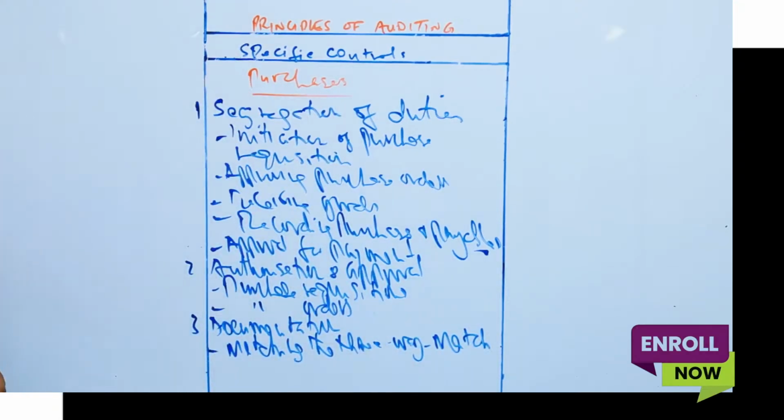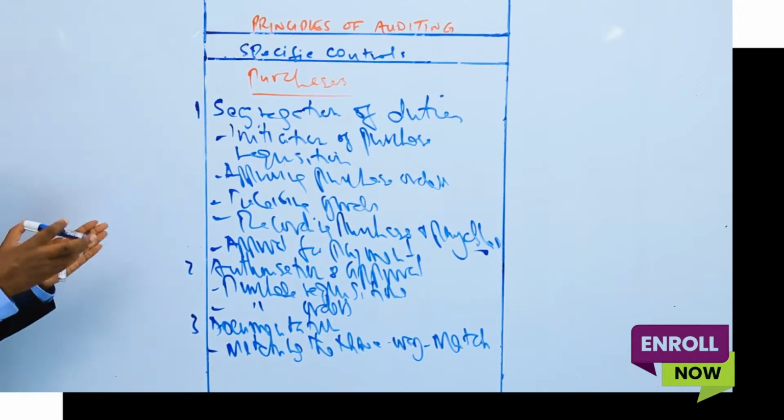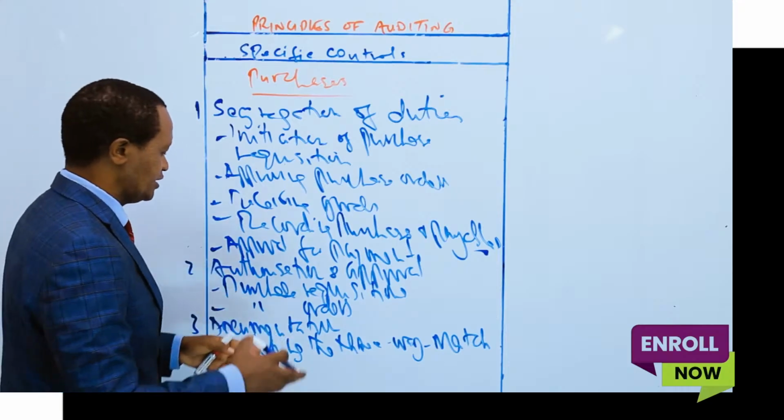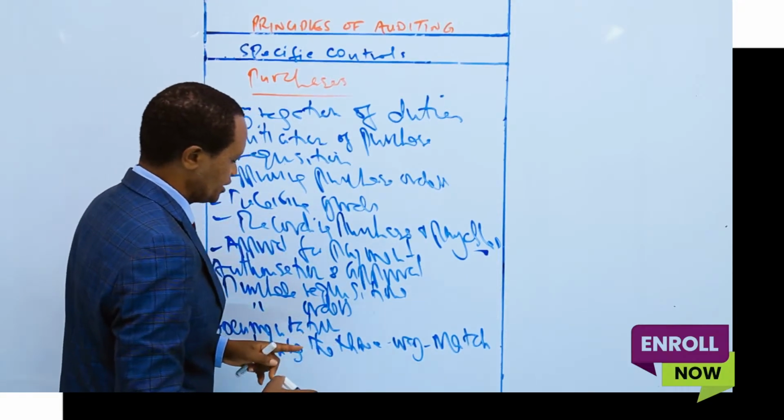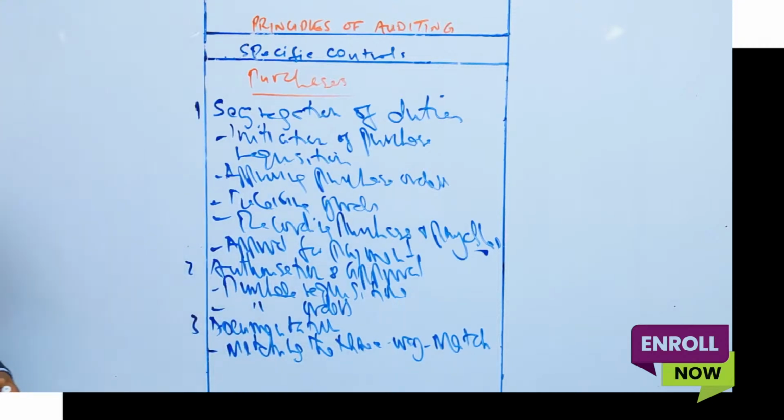Purchase order, receiving report, and supplier invoice. The 3 must match before payment is made. That is a control. And that can only be made possible where documents are maintained.